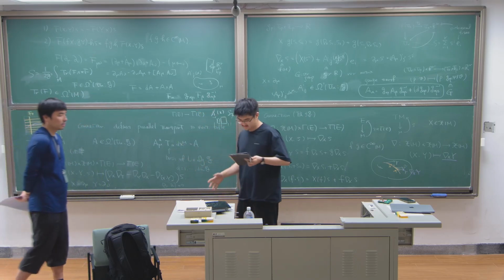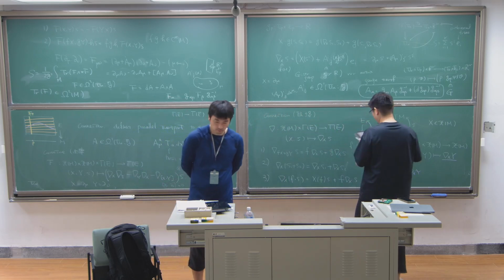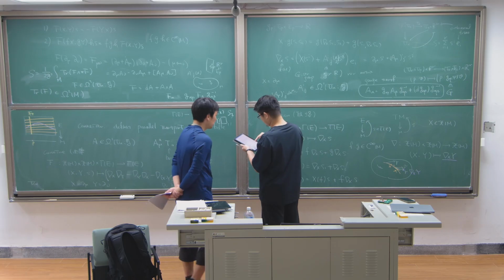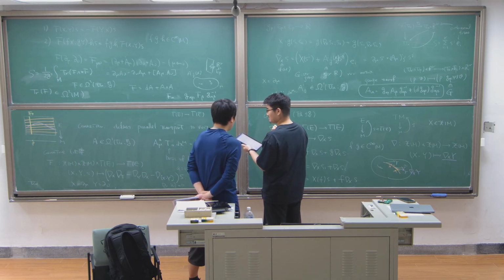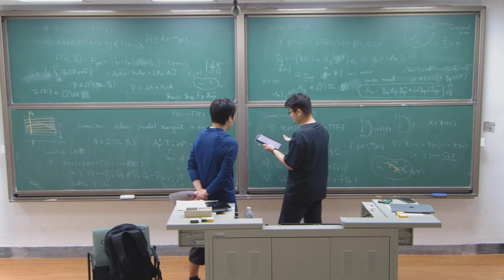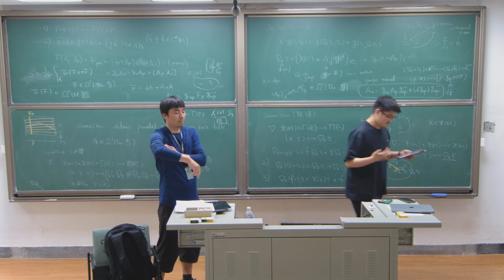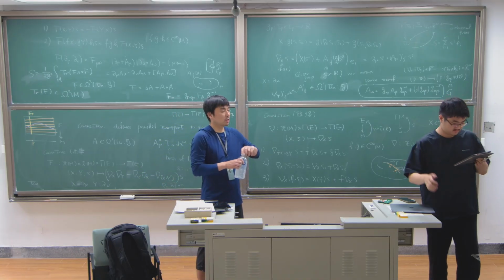That's why I wrote it like this. Another thing is the G bundle relies on the representation. We can give different representations on a certain G, and different representations will give different associated bundles. But still G bundle.